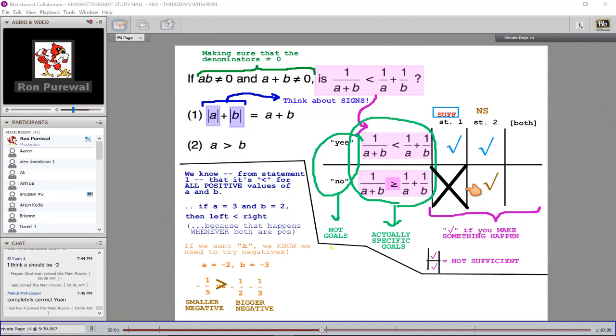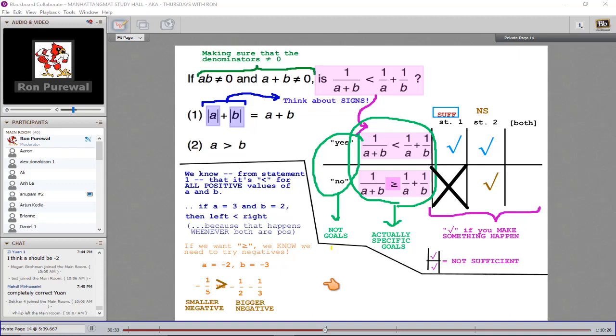And then on top of that, make sure that you streamline the process and try to make it more efficient. Once in statement one you discover that if you have two positives, it will always be less than, so if you want to get this in statement two, you know right away to try negatives. That sort of efficiency boost. Okay. Any other questions, please type in the chat box. Otherwise, no problem.